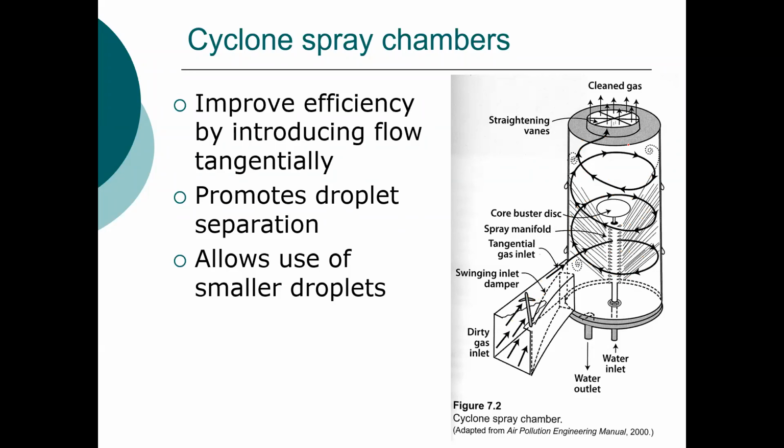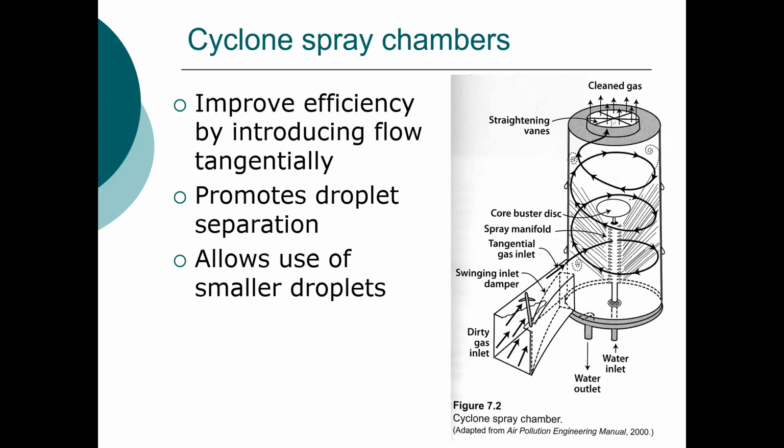So the gas is moving in a circular pattern, just as we've talked about with cyclone separators. And water is sprayed out. So basically what happens is the water is sprayed outward to the wall, and the particles are sprayed outward to the wall.